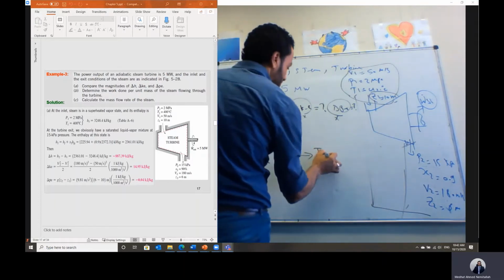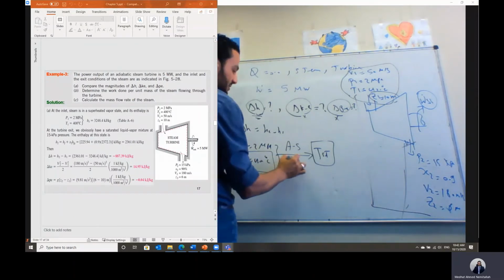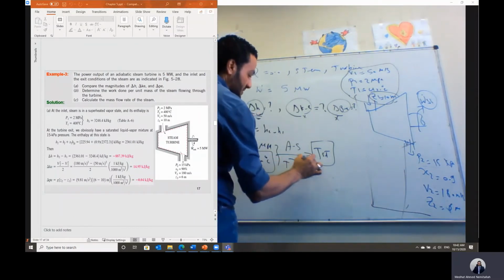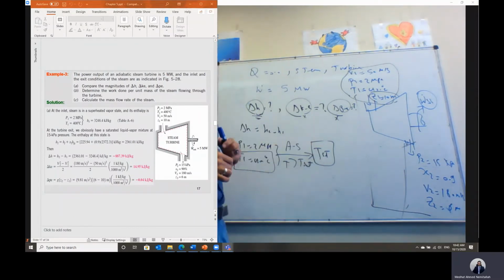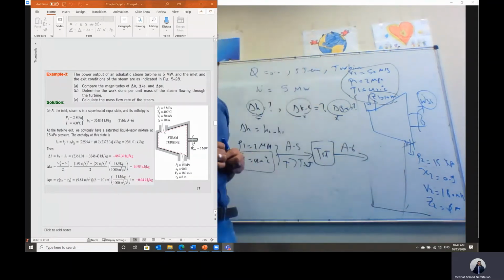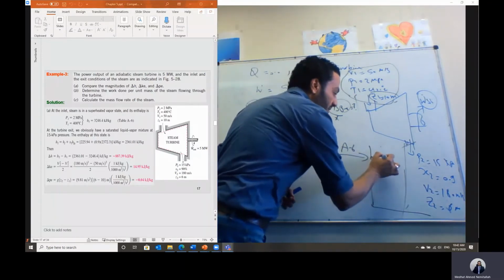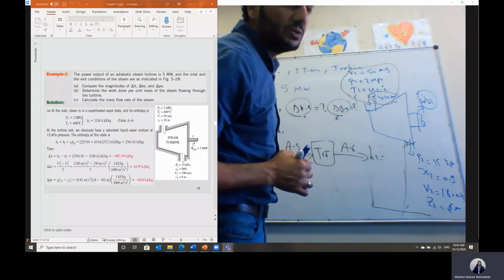Then we can get the saturation temperature and compare it with the given temperature. You will find in this case the given temperature is greater than T saturation. So I have to use the superheated table, which is table A6, to get the value of enthalpy H1.